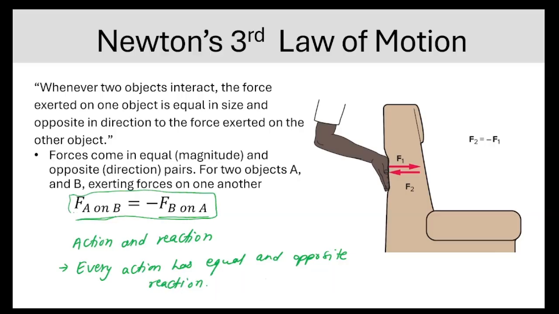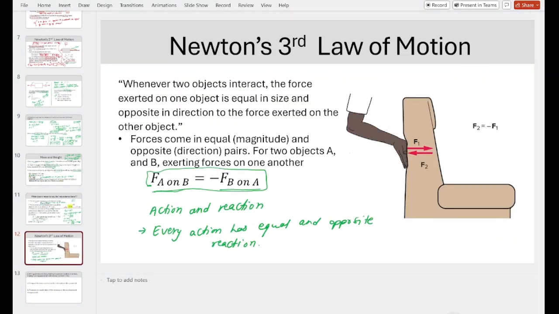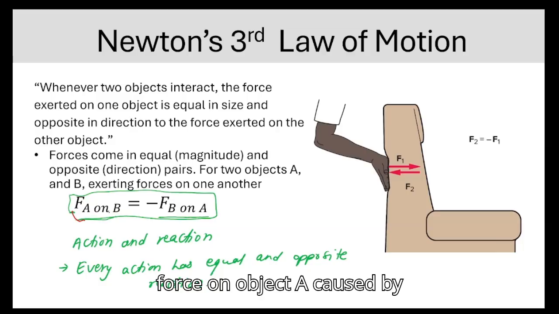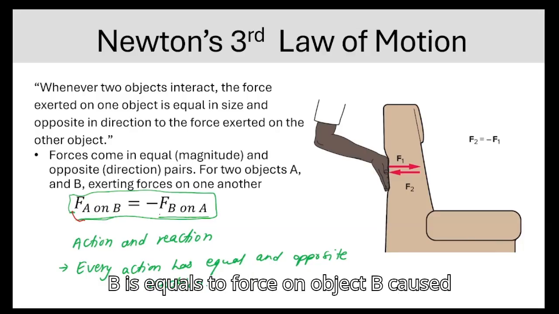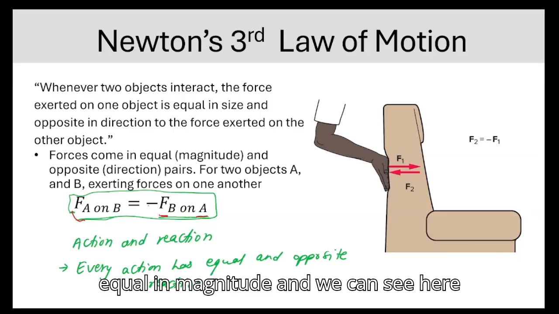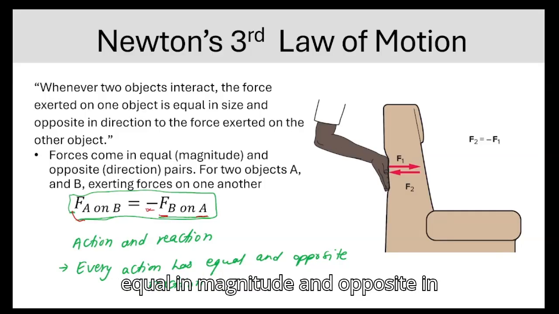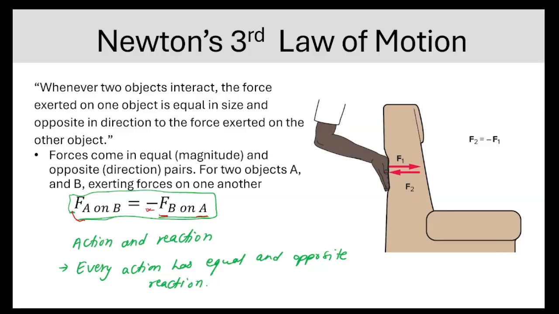Here force on object A caused by B is equal to force on object B caused by object A, and they are equal in magnitude, and we can see here there is a negative sign, meaning they are equal in magnitude and opposite in direction.